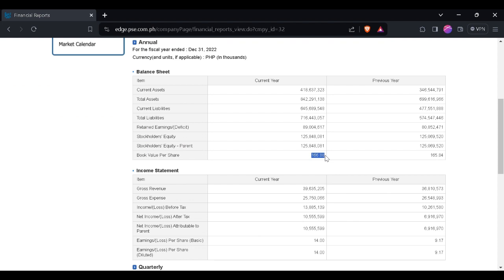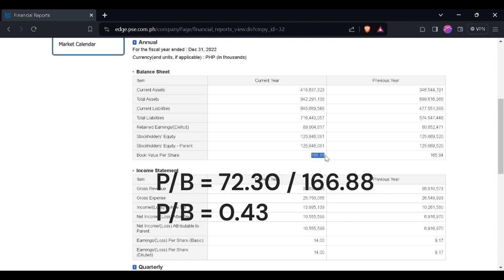If we divide 72 pesos and 30 centavos by 166.88 pesos, we will get a price to book value of 0.43.